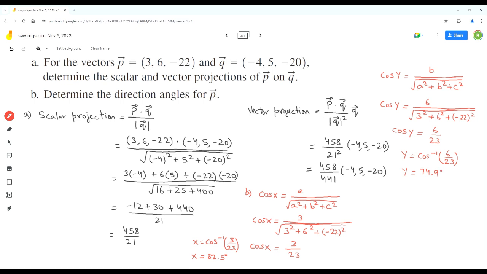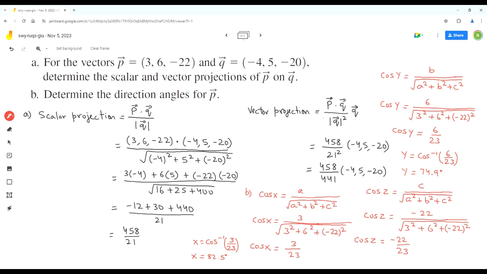Now we can find the angle vector P makes with z-axis. So we are using C in the numerator because that's the z component for vector P. So the denominator is equal to 23.